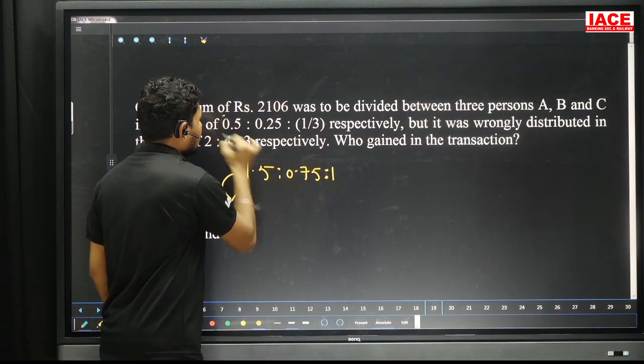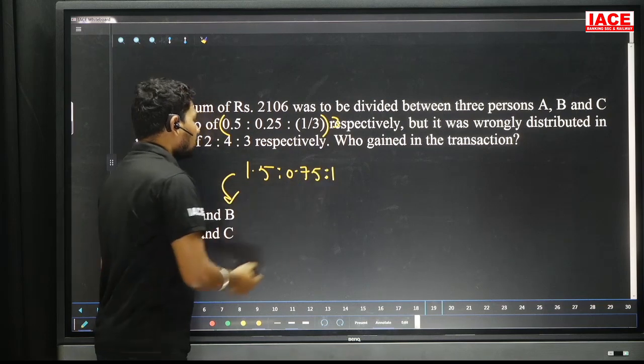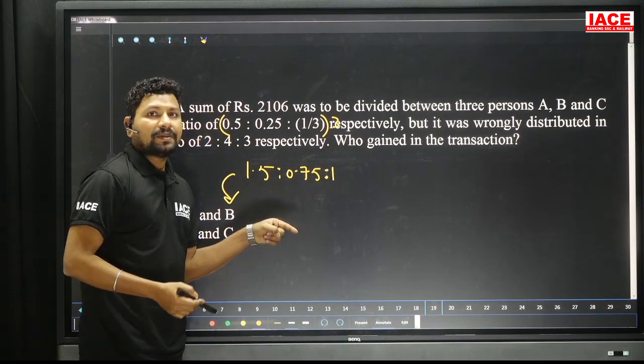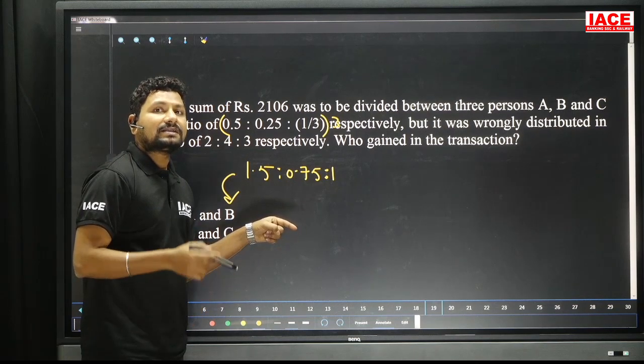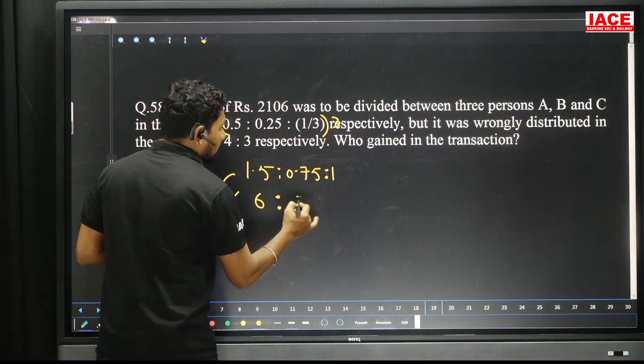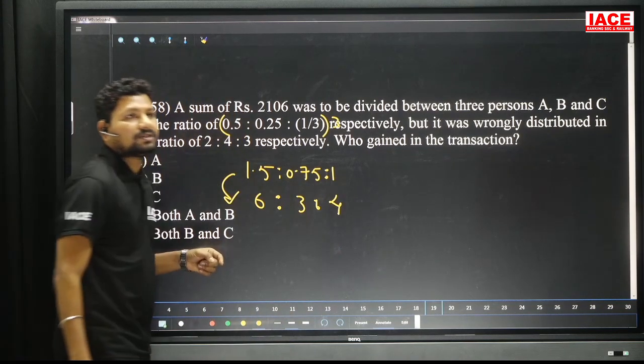All the terms, first of all, I multiplied with 3. Now I have to change this 0.75 into whole numbers. 0.75 doubled is 1.5, 1.5 doubled is 3. That means we have to multiply the total terms by 4. It is 6, 3, and 4. 6 is to 3 is to 4, the final ratio.